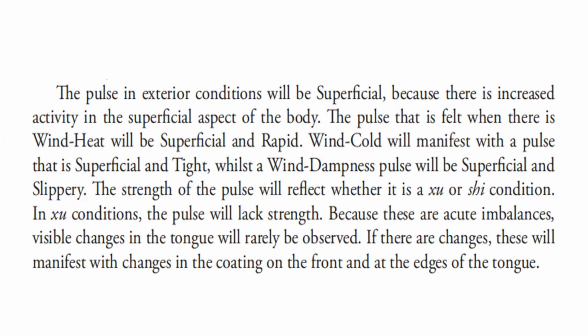The strength of the pulse will reflect whether it is a deficient or excess condition. In deficient condition, the pulse will lack strength. Because these are acute imbalances, visible changes in the tongue will rarely be observed. If there are changes, this will manifest with changes in the coating in the front and at the edges of the tongue.